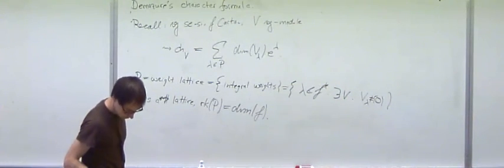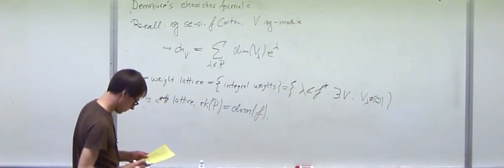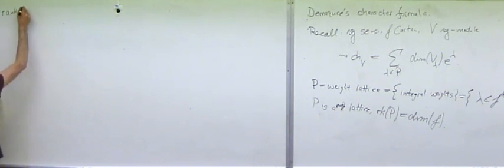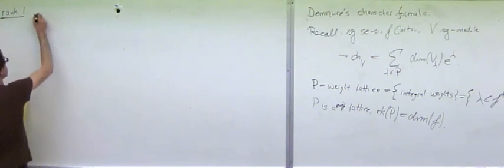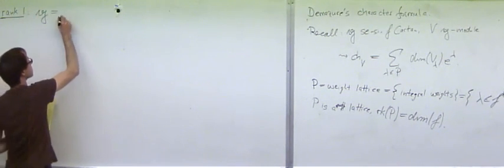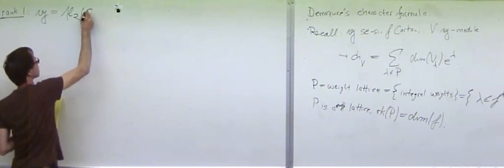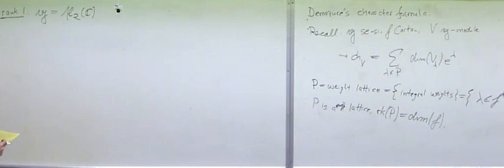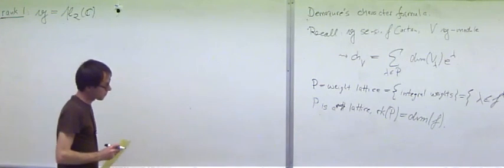So, yeah, let's look again at some low-dimensional examples. Say, for rank 1, we know our favorite example, the group is SL2. So the rank is 1.